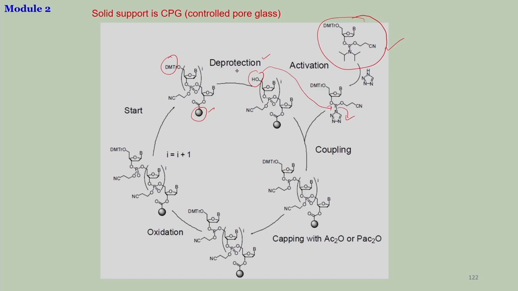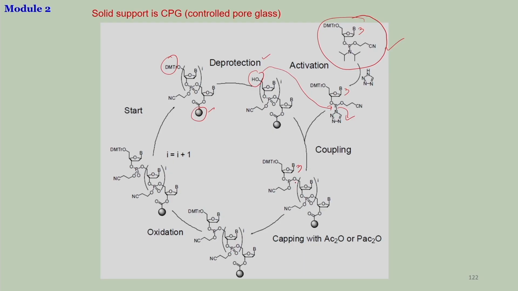This is the coupling, meaning you are joining the solid phase with the new nucleobase. Let us say here is your B3. Your B3 is now attached to the solid phase along with the others. So, coupling is done, and your essential part is done here.